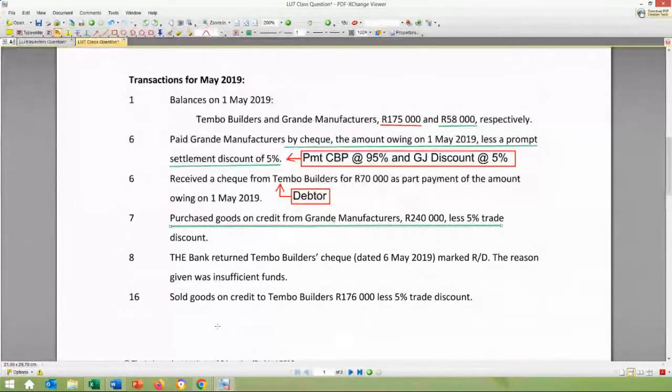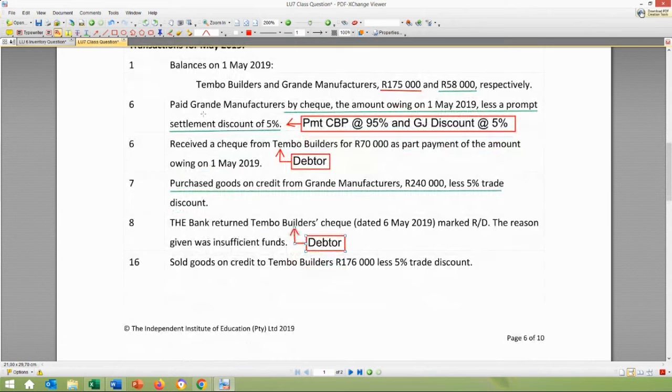Then on the 8th, returned Tembu Builders check was marked RD, so this is also relating to the debtors. I'm just going to say your debtors, so we'll deal with that separately. Okay, so they paid us with a check, the check bounced, it was returned, there wasn't sufficient funds.